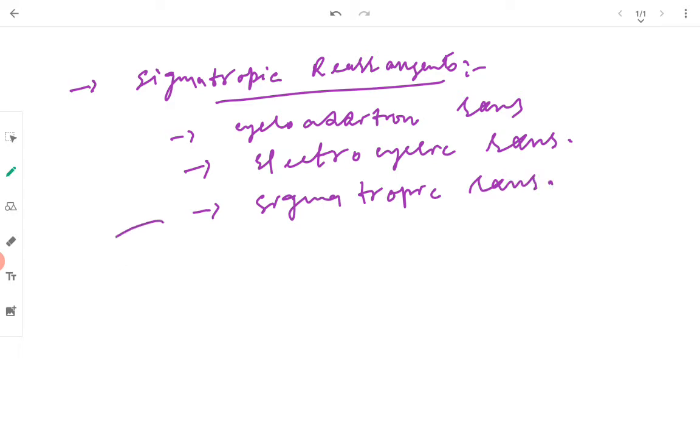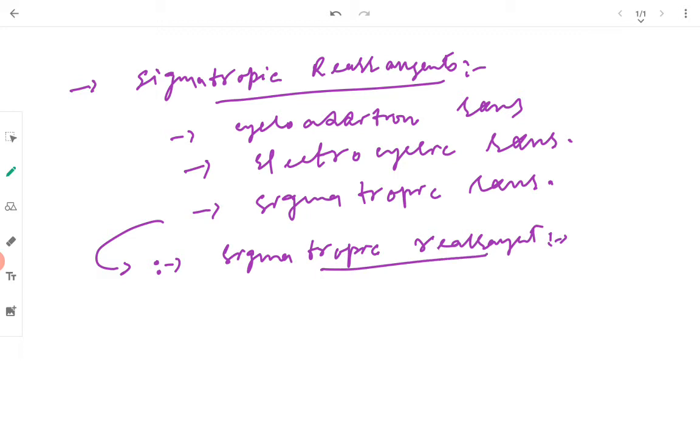First of all, we will see what the definition of sigmatropic rearrangements is. What are sigmatropic reactions?